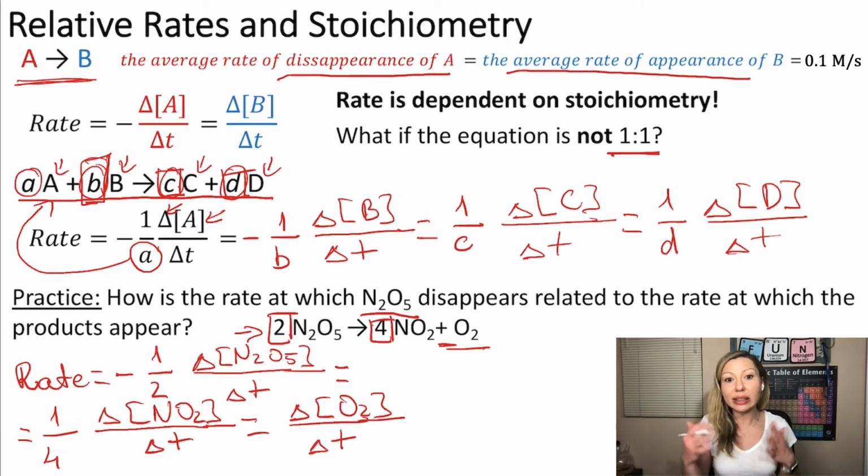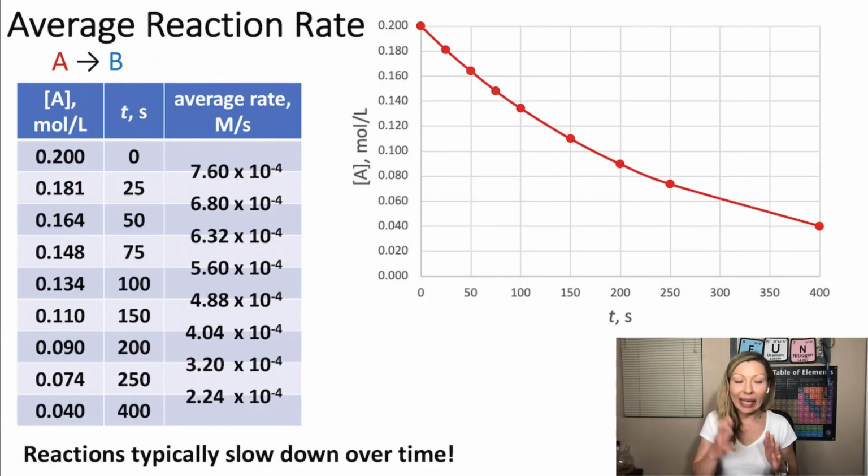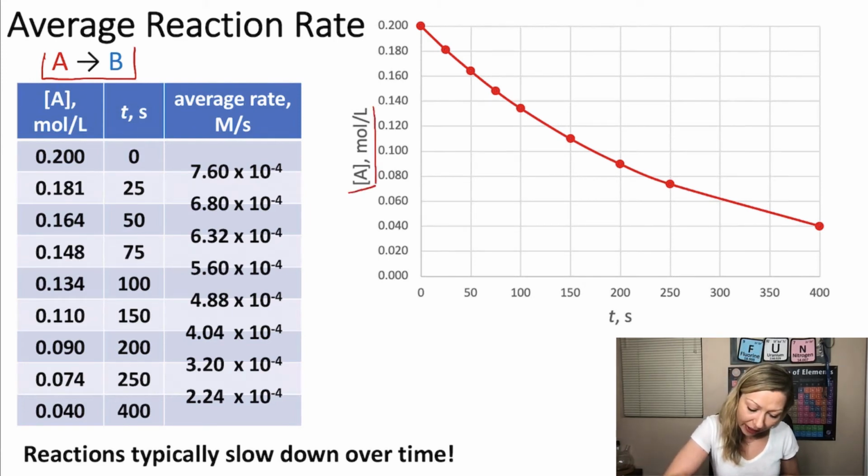Now, actually, it is really useful to take a look at how my reactant disappears over time, and I can make a plot from here. So if I have my reaction with which I started, a reactant A forming B product, I can plot the concentration of A as a function of time in seconds.